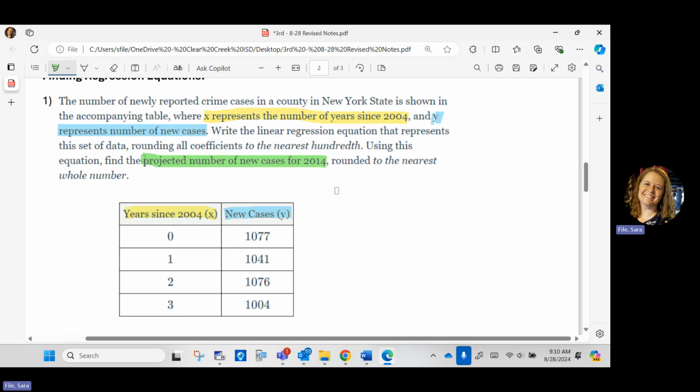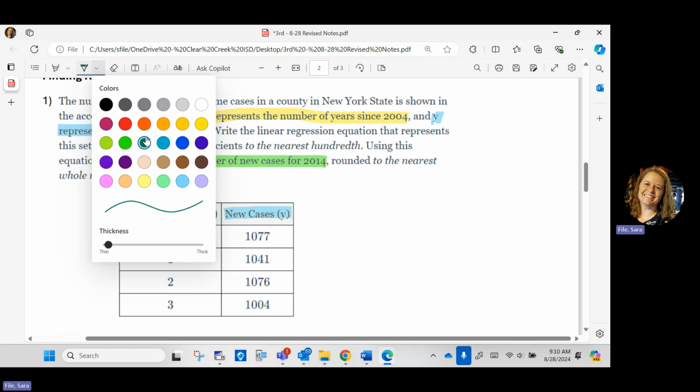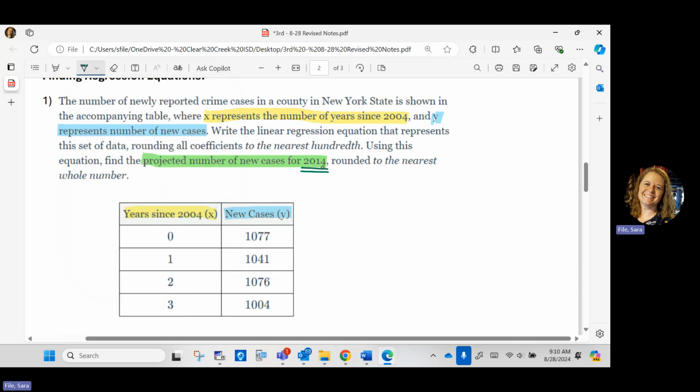So I'm just going to go ahead and mark that. Once we come up with our equation using linear regression, we're going to plug in a 10 for X and predict the number of new cases. We're going to find Y.